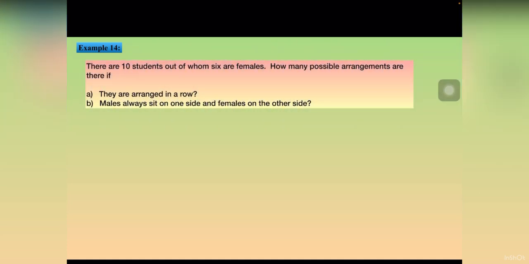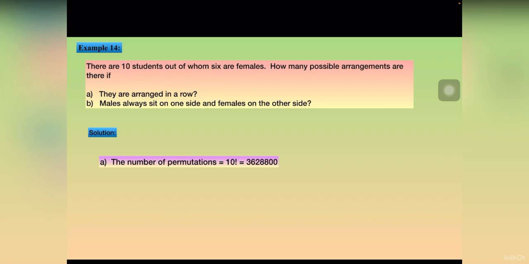Example 14. There are 10 students, out of whom 6 are females. A, find how many arrangements there are if they are arranged in a row. B, males always sit on one side and females on the other side. Solution.